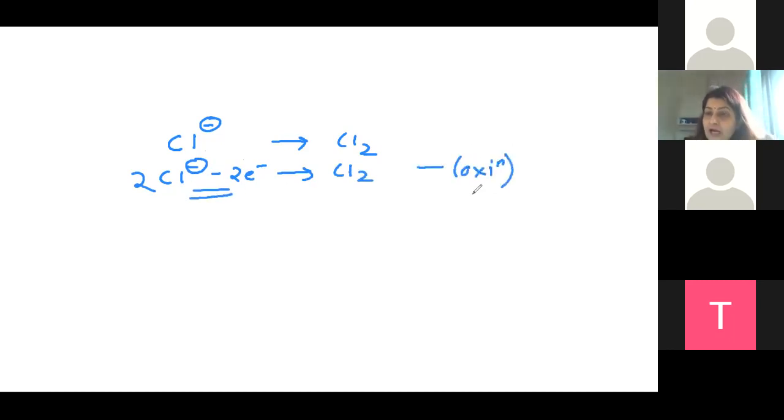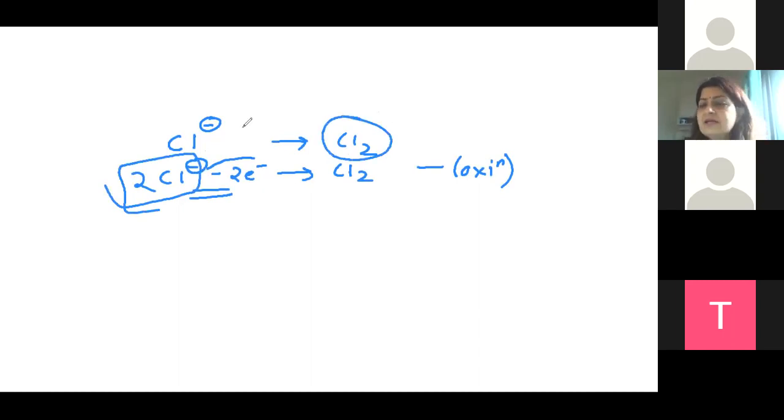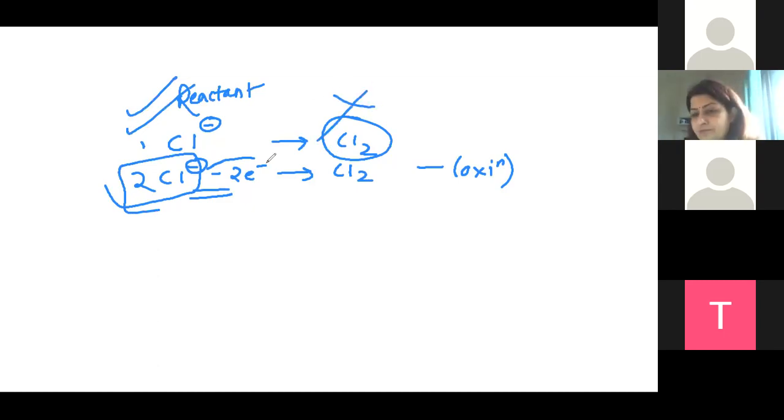To understand whether a particular reaction is undergoing oxidation or reduction, I have to think about the reactant. I'm not interested in the product, because whatever is happening is with the reactant. I have to see whether it is oxidation or reduction by loss or gain of electron. So please don't make a mistake in this part. Whatever you are doing should be with the reactant only, not with the product.